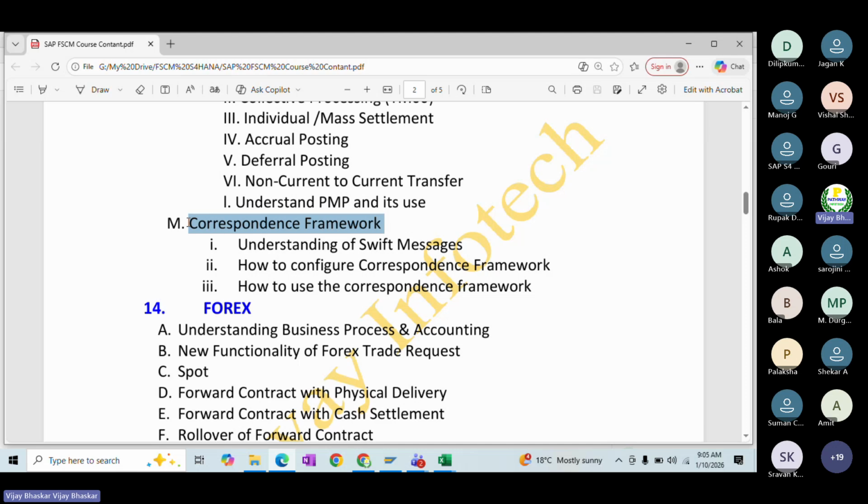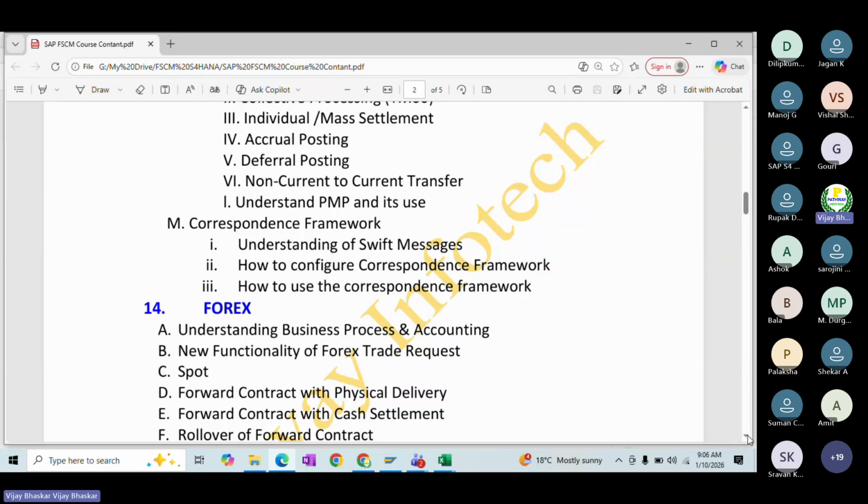Then understanding of the Swift messages, outbound and inbound messages, how you are going to monitor them, how that can be matched with the outbound and inbound message types. We will see that.